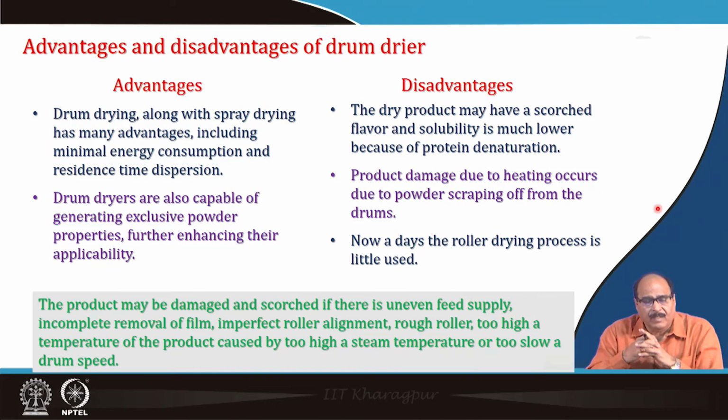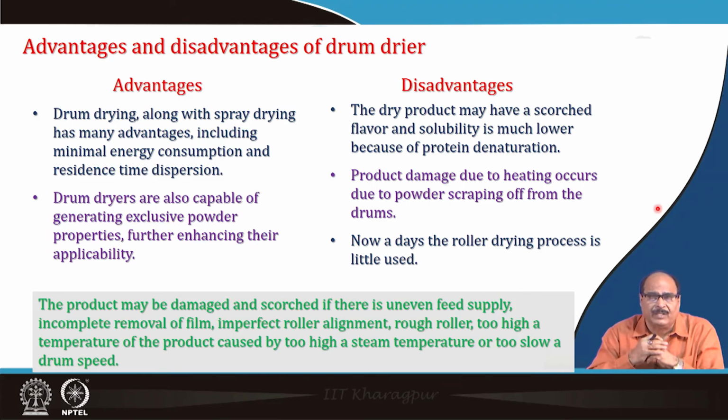Then the advantages and disadvantages of drum drying. The advantages are that drum drying along with spray drying has many advantages, including minimal energy consumption, residence and dispersion. Drum dryers are also capable of generating exclusive powder properties, further enhancing their applicability, etc. However, there is a disadvantage that the dry product may have a scorched flavor and much lower solubility because of protein denaturation.